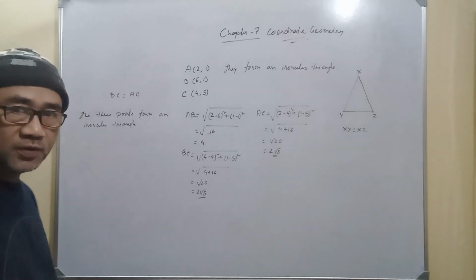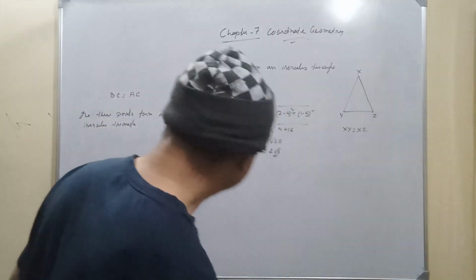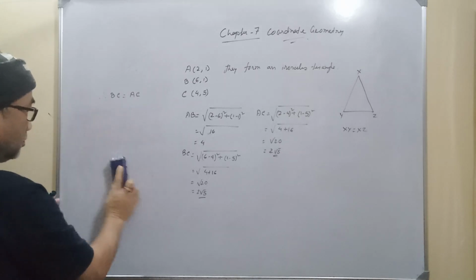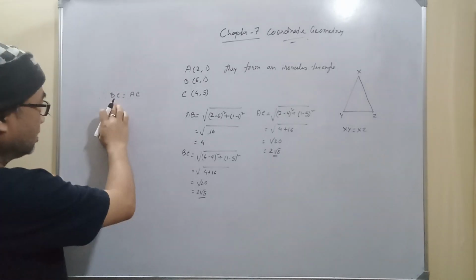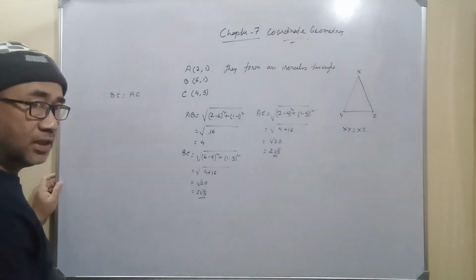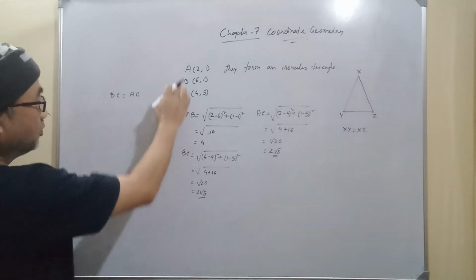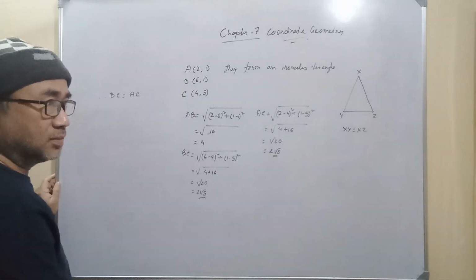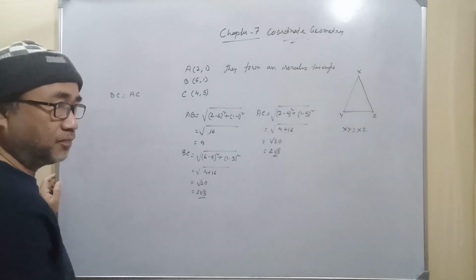A little bit of modification needed here. BC is equal to AC. So this condition alone is not enough for the 3 points to form a triangle, an isosceles triangle in this case.